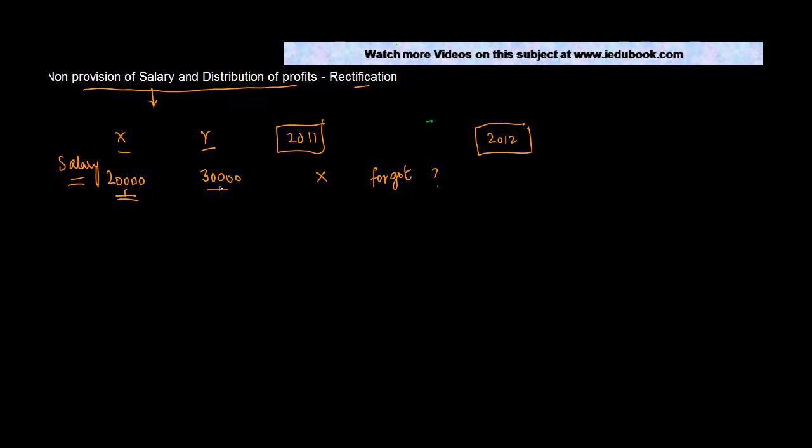In a normal scenario, what will happen? Had you been passing this entry in 2011, you would have said salary account debit. It's an expense for the company. So you will put in salary account debit 20,000, or maybe I can just pass a single entry here: 20 plus 30, 50,000, to X's capital account, to Y's capital account.